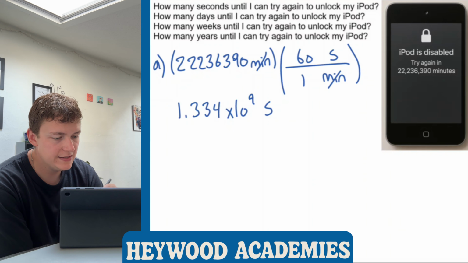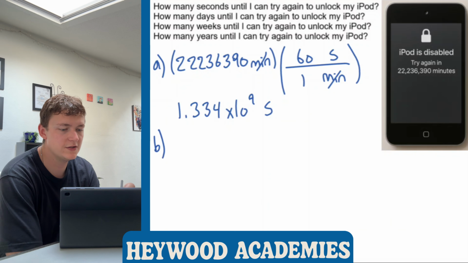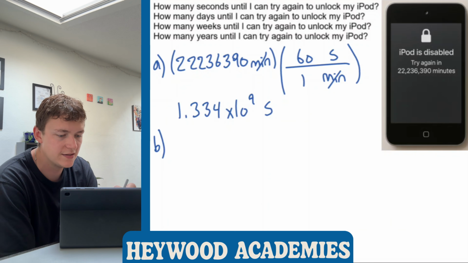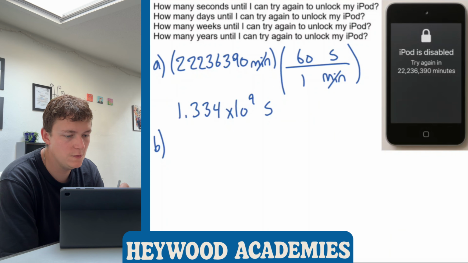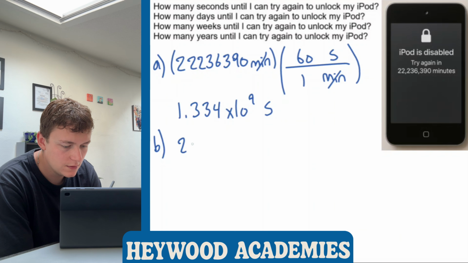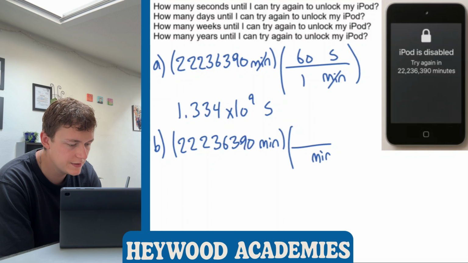Okay, how many days until I can try to unlock my iPod? So let's start with the minutes because that's closer to days than seconds. And then we'll go from minutes to days. 2, 2, 2, 3, 6, 3, 9, 0 minutes. So let's go to hours first, minutes to hours, and then from hours to days.